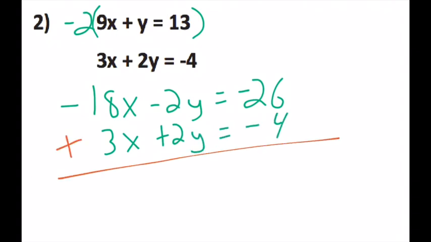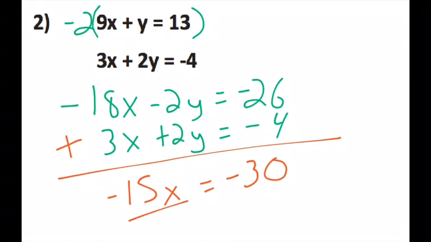I'm going to add these together. -18x plus 3x is -15x. -2y plus 2y is 0, equals -30. Divide both sides by -15. And x equals 2.